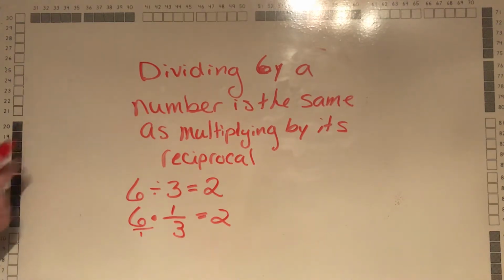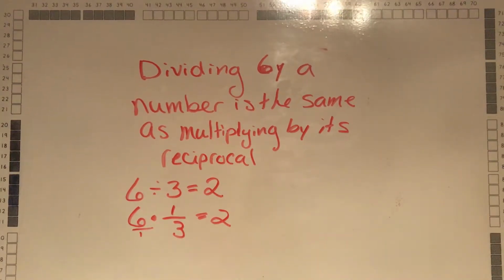Okay, so dividing by a number is the same as multiplying by its reciprocal. So we can't just multiply the two fractions, we actually have to find the reciprocal of the divisor and then multiply. So take a minute to write this down, and then we will do an example.